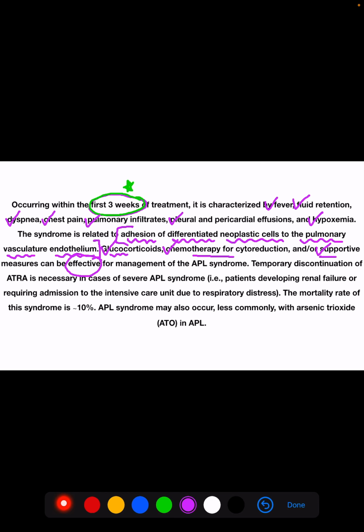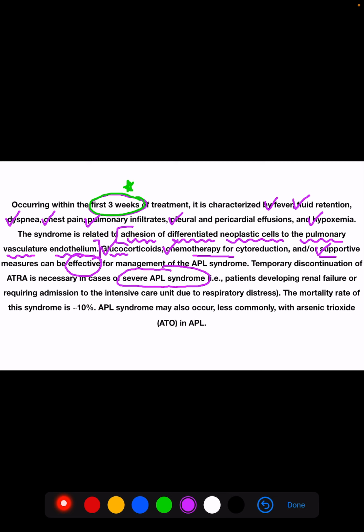Temporary discontinuation of all-trans retinoic acid is necessary in cases of severe APL syndrome.